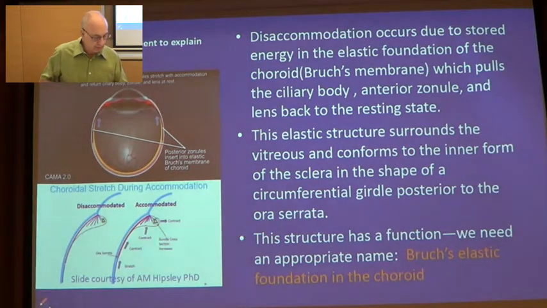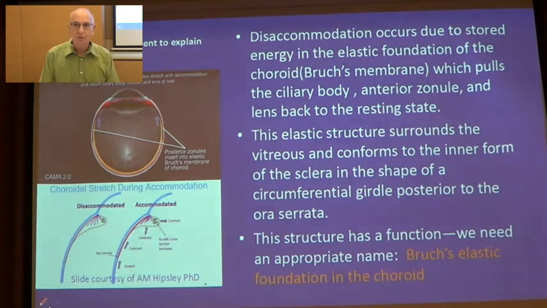Muscle movements throughout the body involve sets of agonist and antagonist muscles to achieve back and forth movement. In the case of accommodation, there's only one muscle or set of muscles. The ciliary muscle has three separate divisions. The ciliary muscle is the only muscle moving, and it acts by releasing tension on the lens during accommodation while stretching the elastic foundation in the choroid to store energy for disaccommodation.